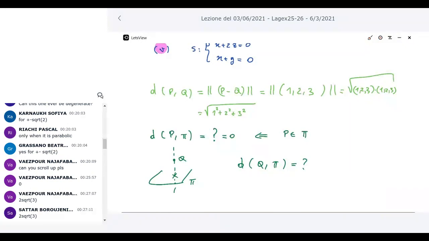Okay, so we have a number, and what is the process? The process is to take the absolute value of the evaluation of the point. So remember, Q is 1, 2, 3. Plane pi has equation x plus y plus z equals 0. So you will get 1 plus 2 plus 3.